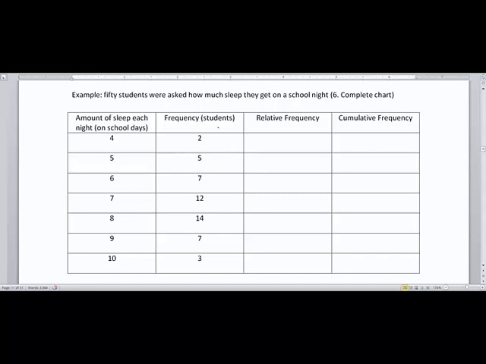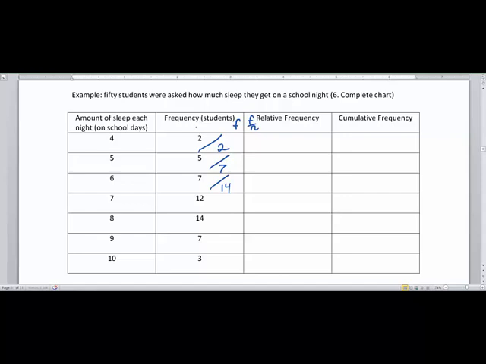Now this is the frequency, or we call this letter f. Relative frequency is when you take your frequency and divide it by your n. I've done a little bit of work here adding these numbers up, because if we want to talk about the cumulative frequency, there are 2 students here. 2 plus 5 gives me 7. 2 plus 5 plus 7 gives me 14.